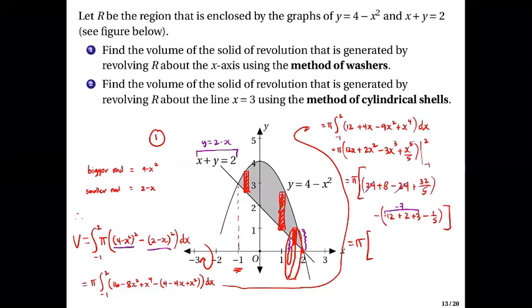So we will have 8 plus 7, that's 15. And then here we have 32 over 5. This guy here is negative, this is also negative, so it becomes plus. So here we will have plus 33 over 5.